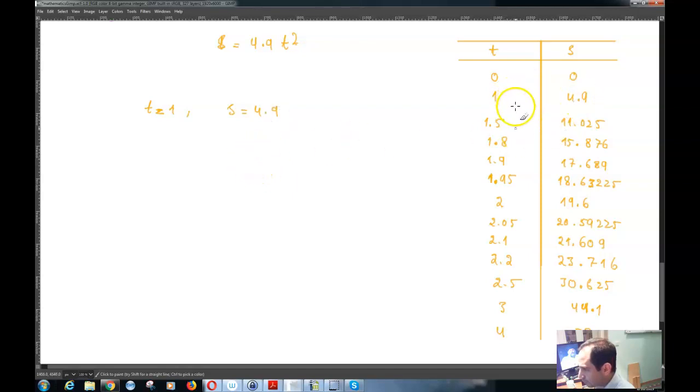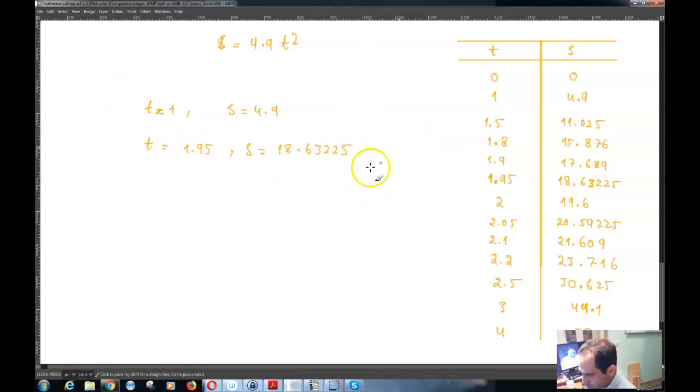S is equal to 4.9. And when t is equal to 1.95, for example, then s is equal to 18.63225.